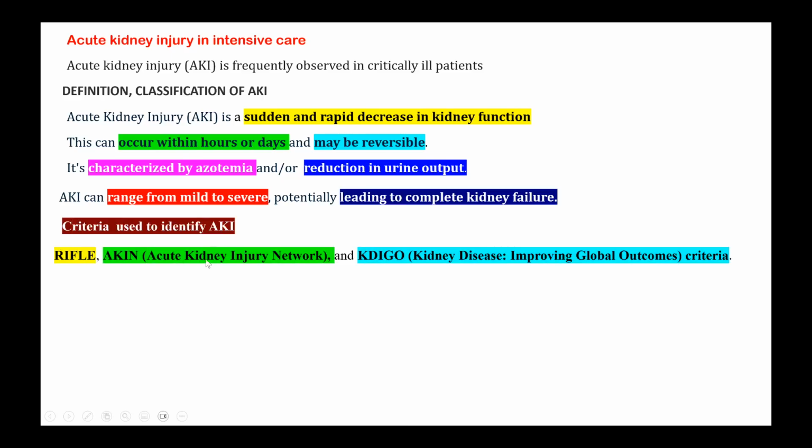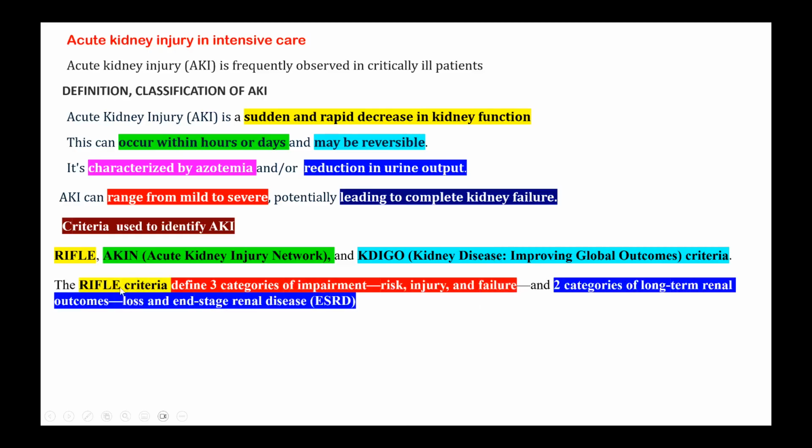And to identify AKI, there are several criteria. One is called the RIFLE criteria. The other one is AKIN criteria, Acute Kidney Injury Network, or KDIGO, Kidney Disease Improving Global Outcomes criteria. These are the three common ones which are used.